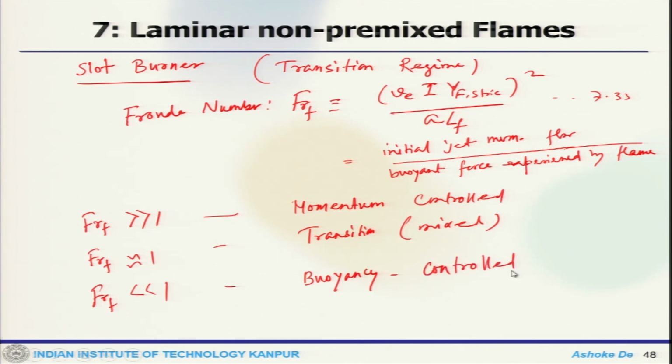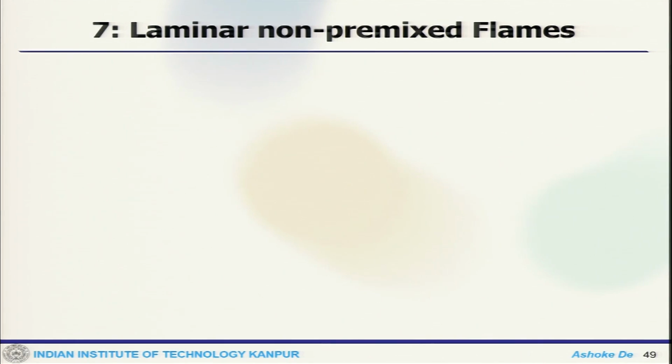Now one can note that L_f must be known a priori to establish the appropriate regime. So it is essentially a trial and error approach, because L_f has to be known a priori.